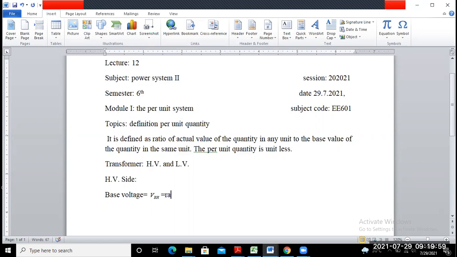This voltage is equal to the rated voltage on the high voltage side, whatever the maximum voltage on the high voltage side.